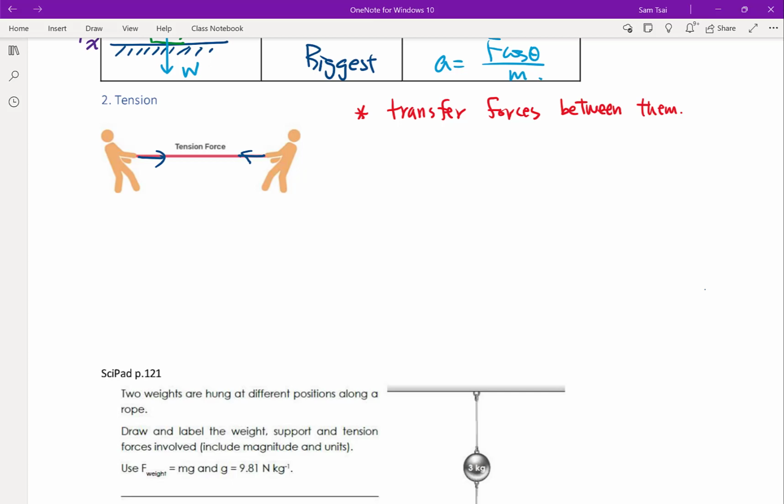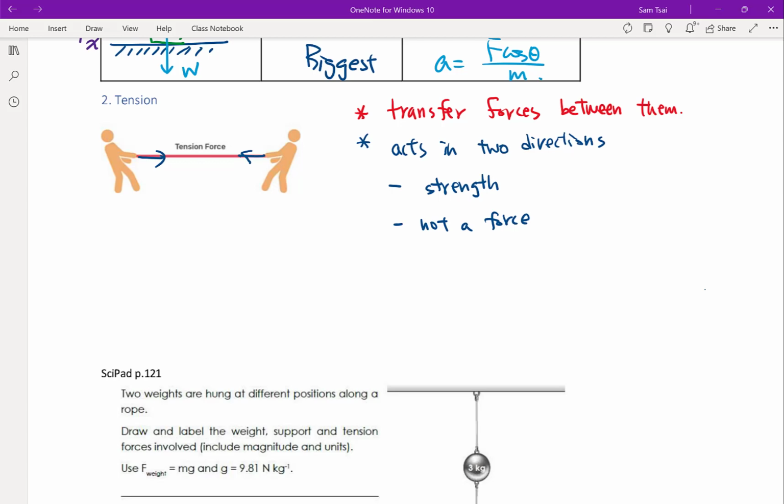Okay, so the tension acts in two directions. So therefore, tension is thought of as a strength and not a force.